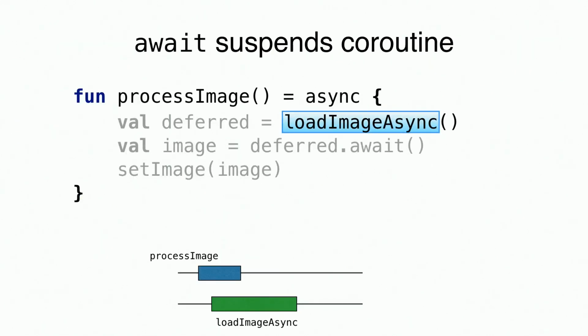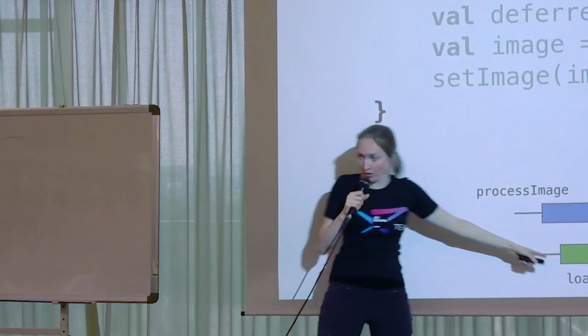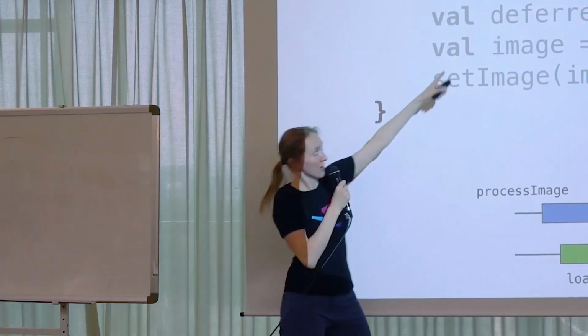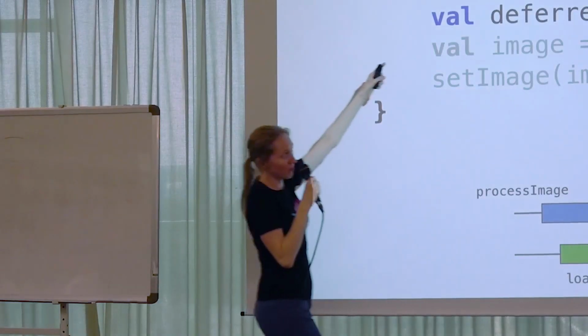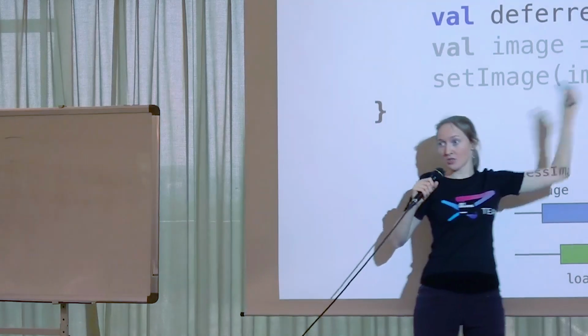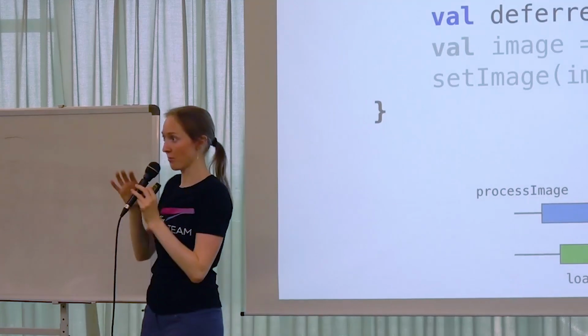Here is a line-by-line example. We start with processImage, which starts a computation. Then loadImageAsync starts a new computation asynchronously, and the reference to it is stored in the deferred variable. So deferred stores the reference to this computation. Then, when the code reaches await, it is a trigger that suspends the outer computation.